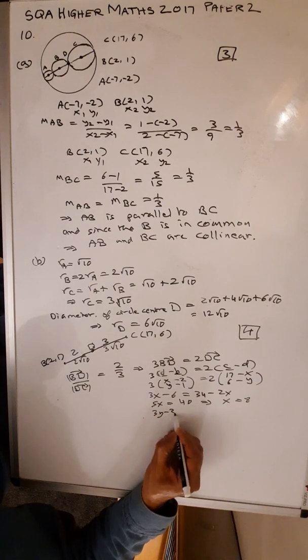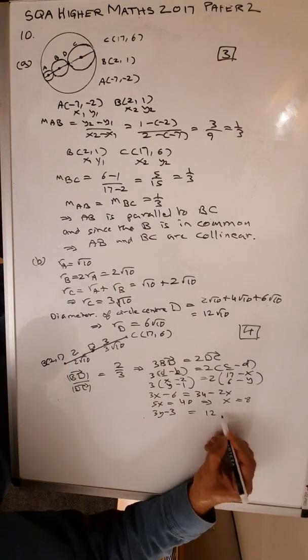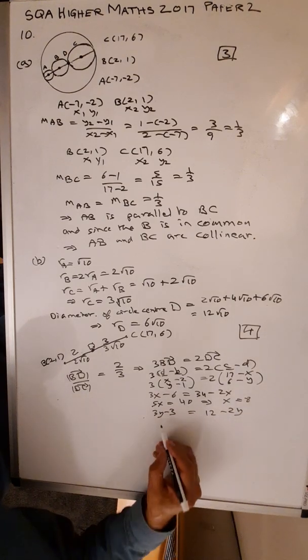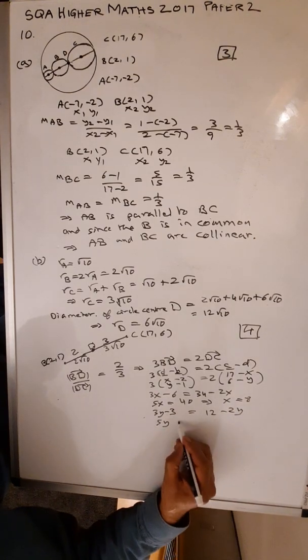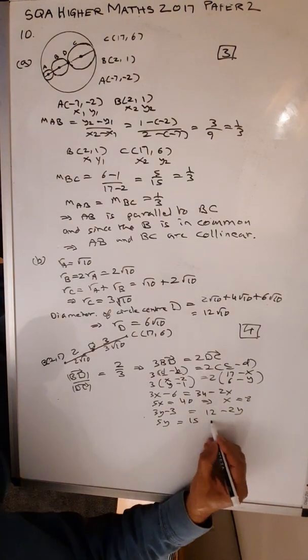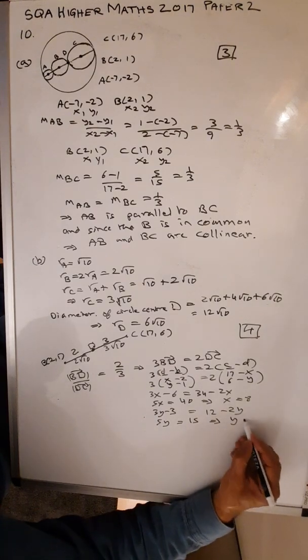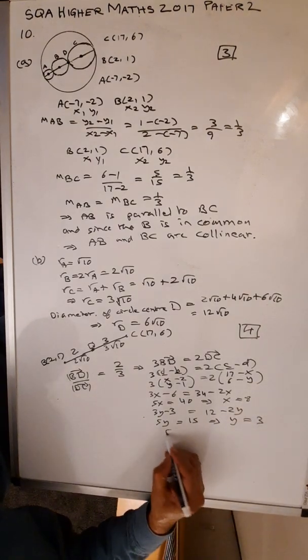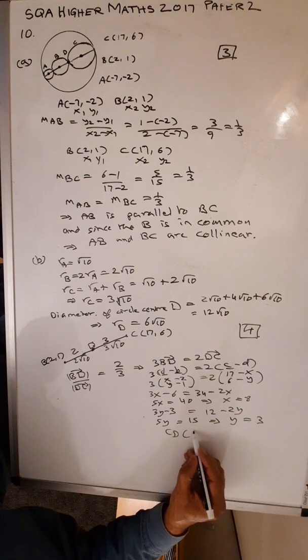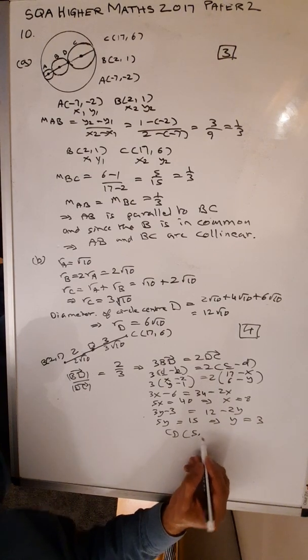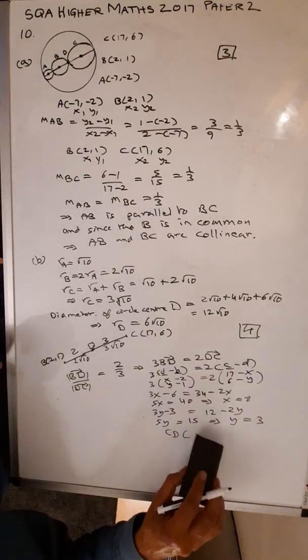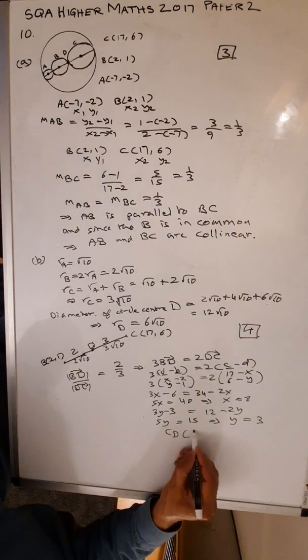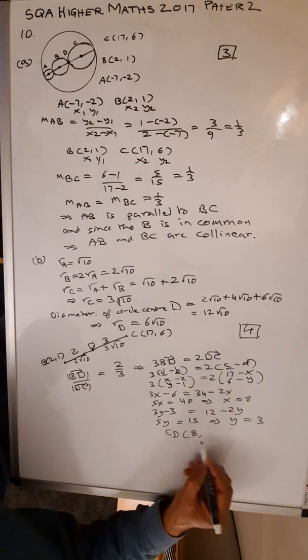Do the same for y. 3y minus 3 is equal to 12 minus 2y. Bring the 2y to the side. 5y is 15, which means that y is 3. So center D is (8, 3).